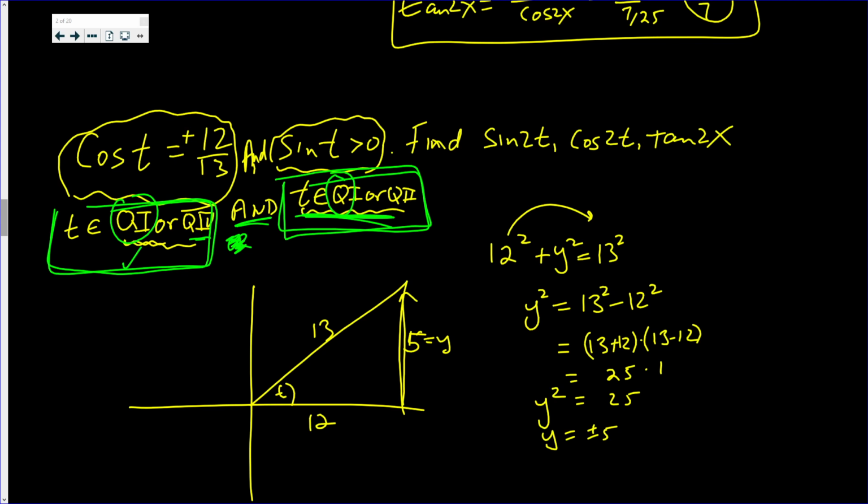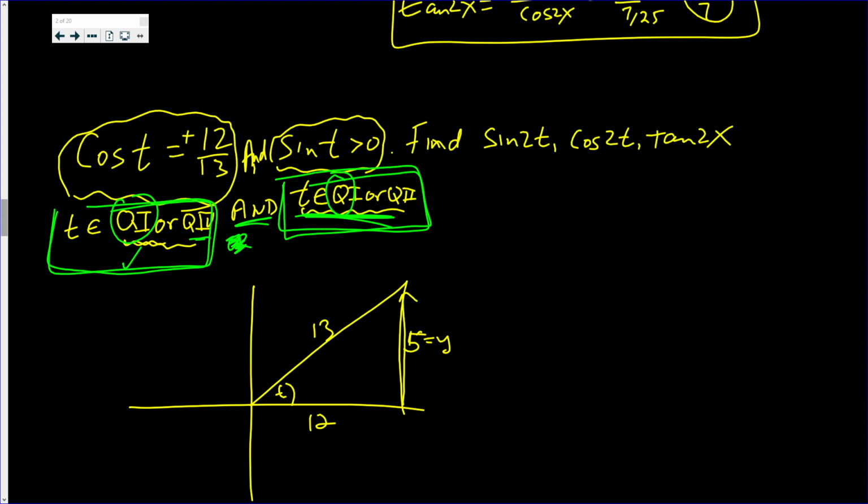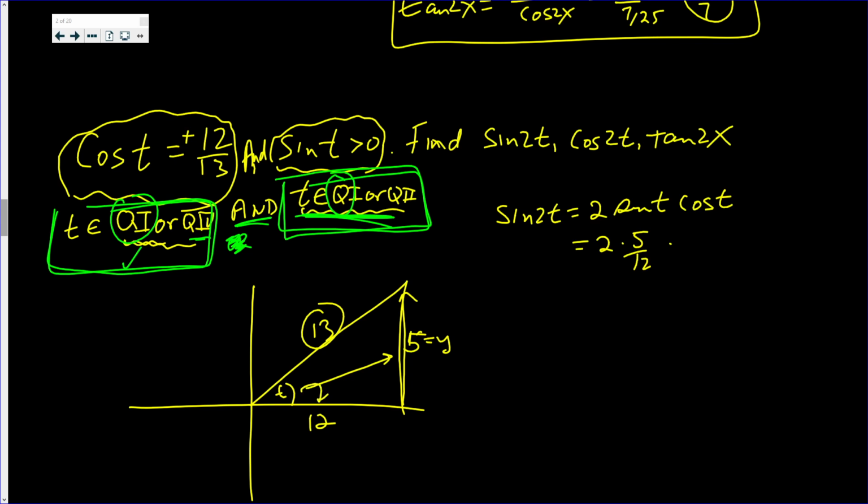Okay. So just like before, the sine of 2t is 2 sine t cosine t. 2 is 2. Sine of t is opposite over hypotenuse. It's 5 over 13. The cosine of t, it's adjacent over the hypotenuse.